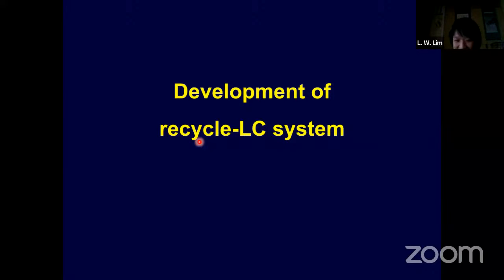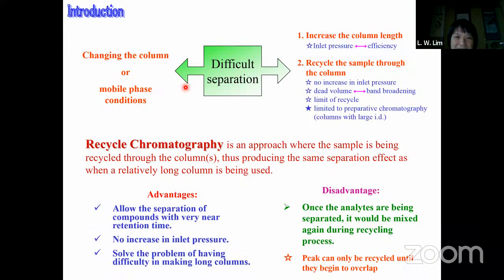Okay, I will do some introductions. When you have a very difficult separation, there are only two ways. Usually, how do you want to improve your separations? The easiest is to change the column. Yeah. But if you cannot change the column, then you have to optimize the mobile phase conditions. Yeah.